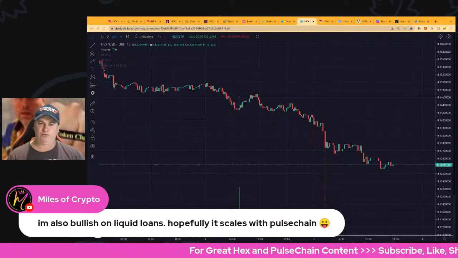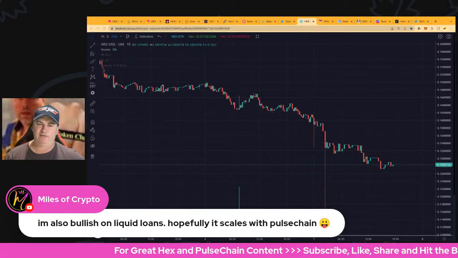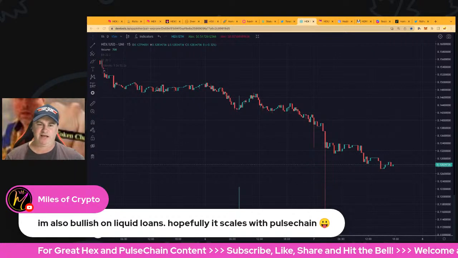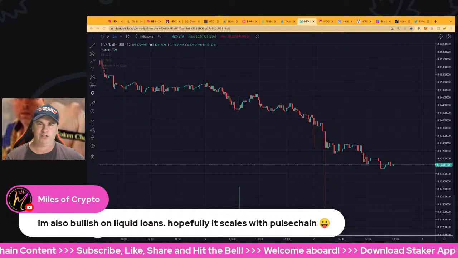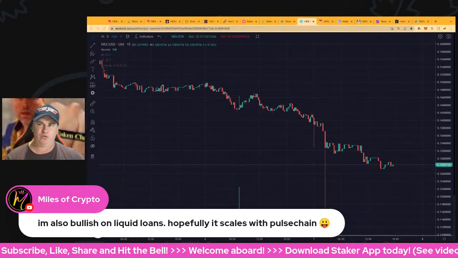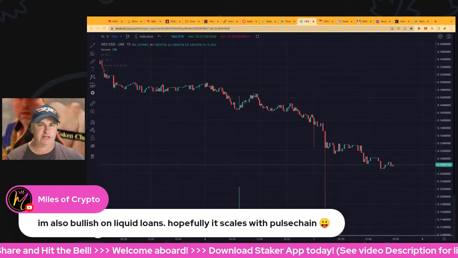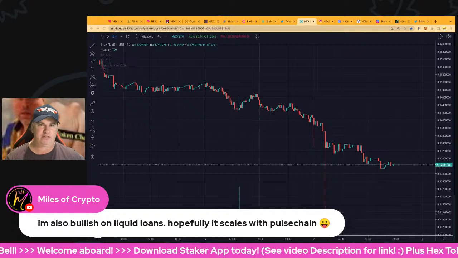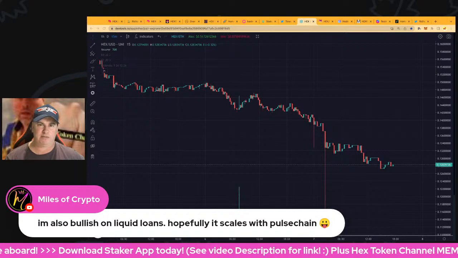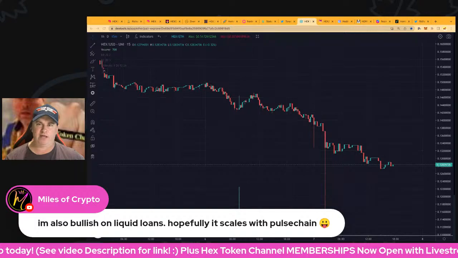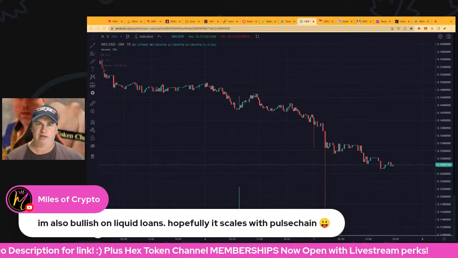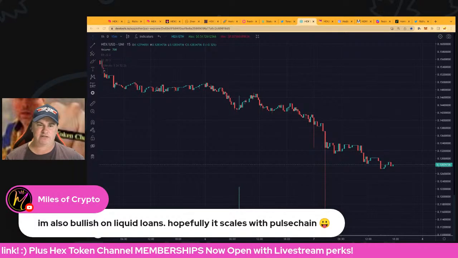Miles of Crypto says, I'm also bullish on Liquid Loans. Hopefully it scales with Pulsechain. I think it's inevitable. If Pulsechain does well, I think Liquid Loans will do well, because more people will want to leverage their Pulse, not sell their Pulse. And I think in many jurisdictions, the USDL may give them a way of reporting a loan and not having to pay taxes on that.